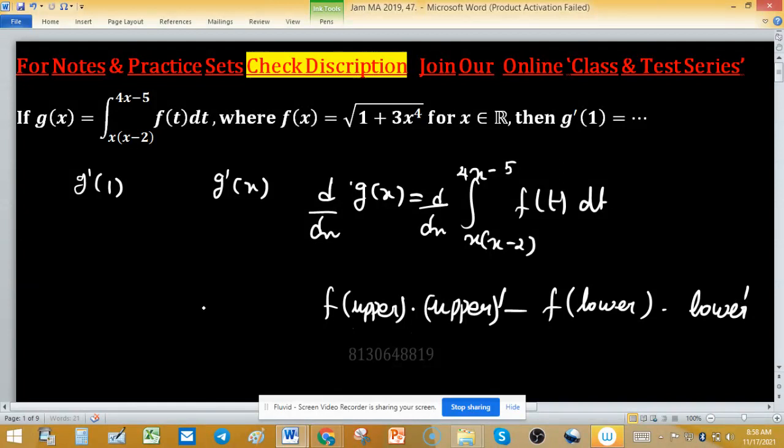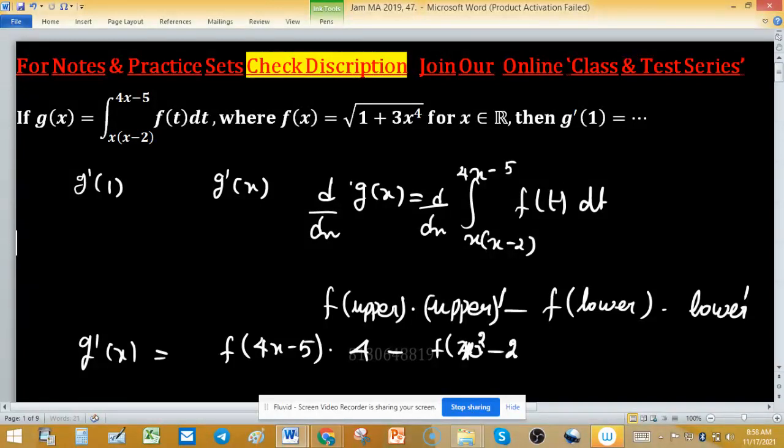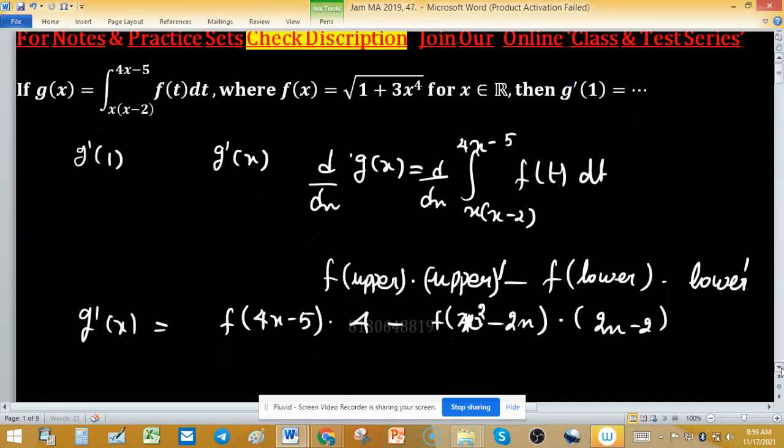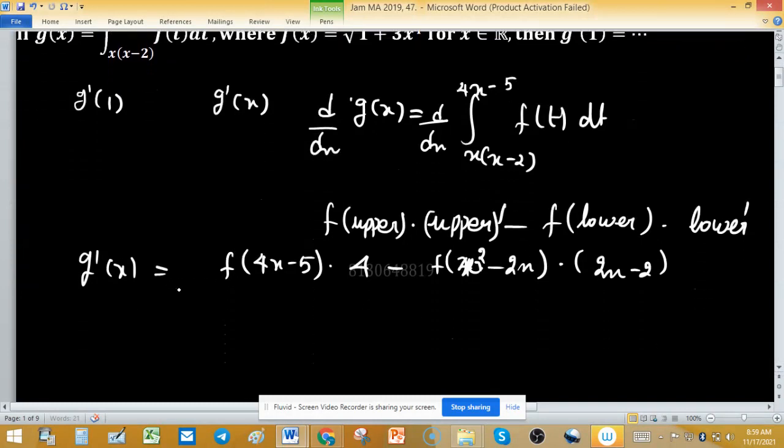According to this concept, I can write g dash x equals f of 4x minus 5 times 4, because the derivative of the upper limit is 4, minus f of x square minus 2x, with the product of 2x minus 2, which is the lower limit derivative.